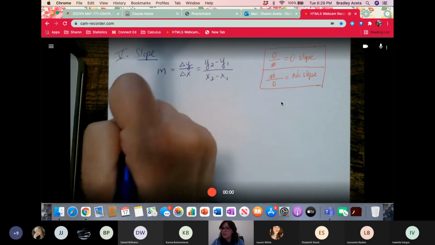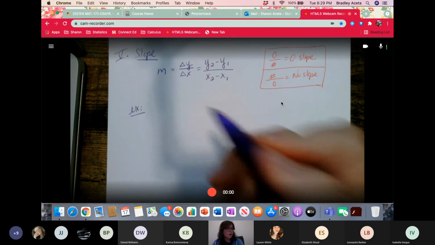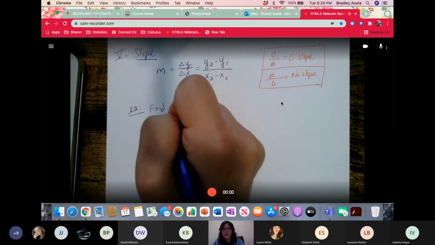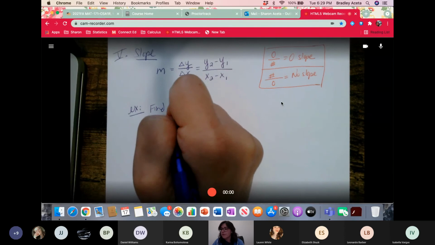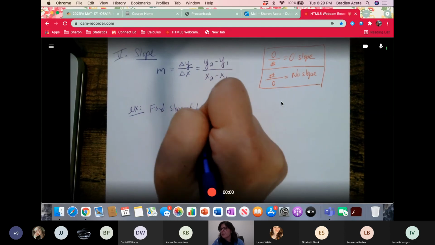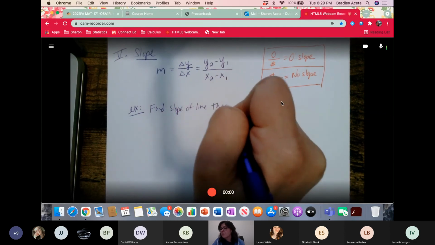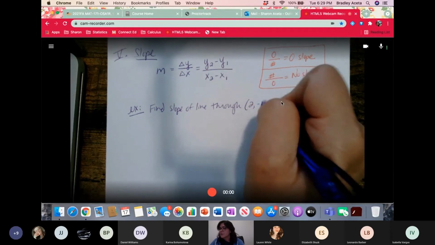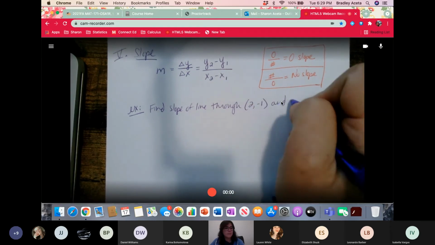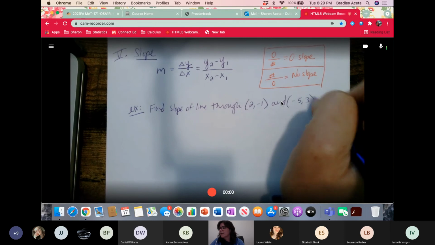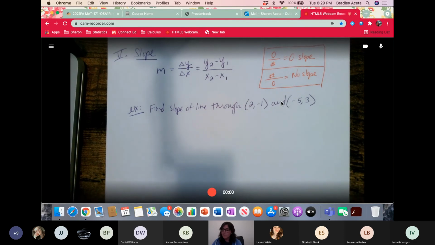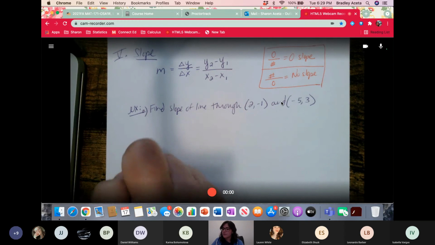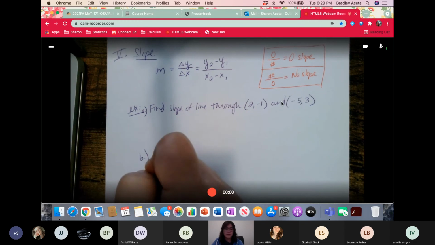So we're going to do a couple of these examples on slope that I saw on your homework. So real quick, just to review how to find slope. Find the slope of the line through the points (2, -1) and (-5, 3). That'll be part A, because you know there's always multiple parts.